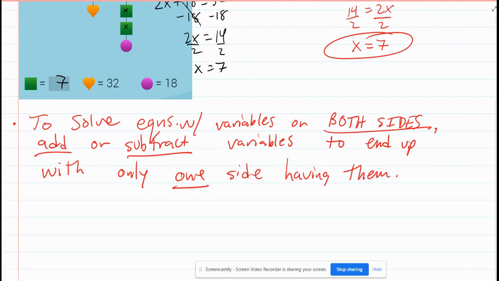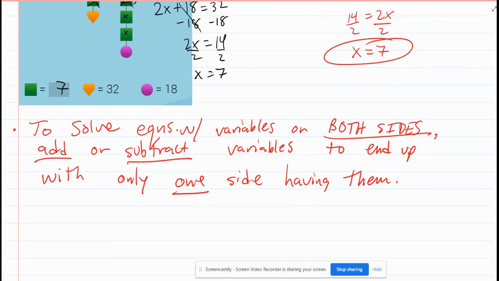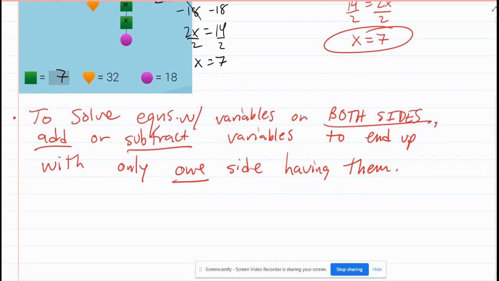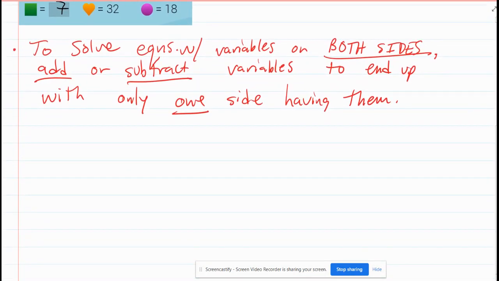To solve equations with variables on both sides, add or subtract variables to end up with only one side having them. So we took away 4x from both sides here. Doing so, we eliminated the x's from the left side. We only had them left on the right side. Only one side had them left.